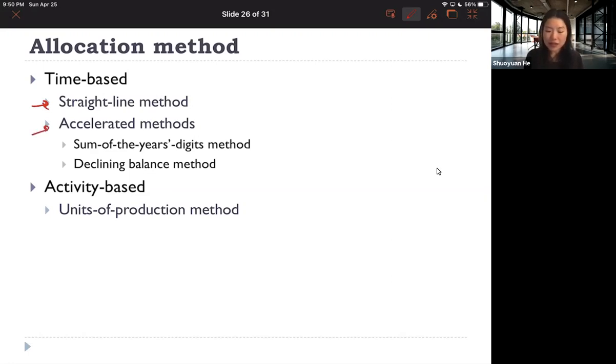Then there are accelerated methods, and there are also different accelerated methods: sum of the years digits method and declining balance method. So those are two examples of the accelerated method. And then for the allocation method that is activity-based, we have the units of production method. So those are different types of allocation methods.